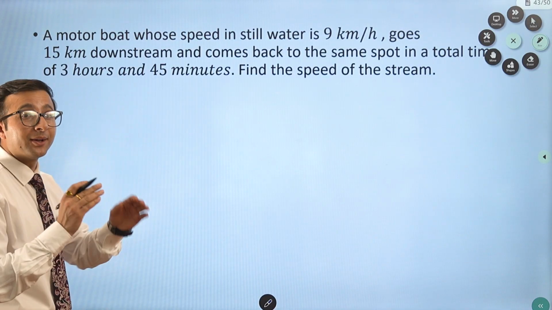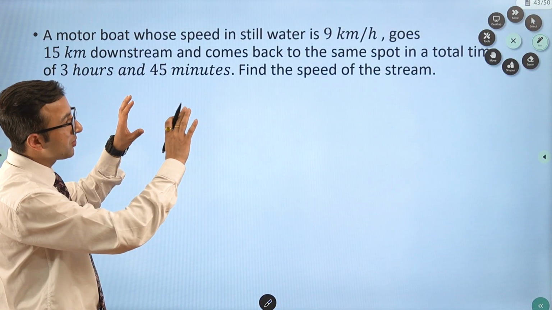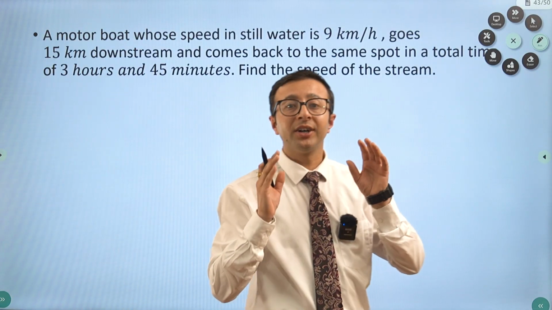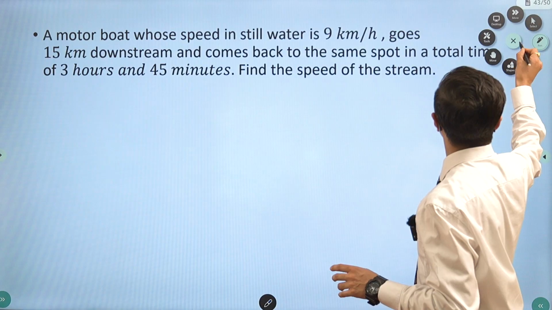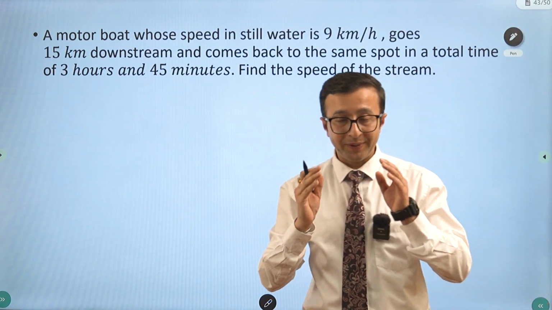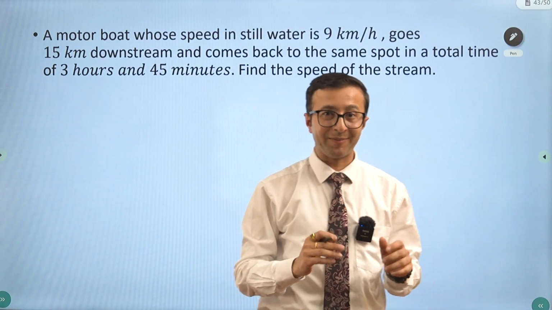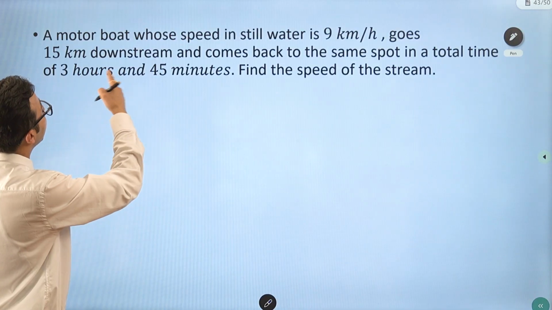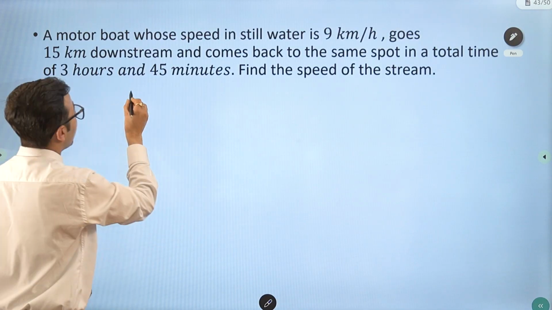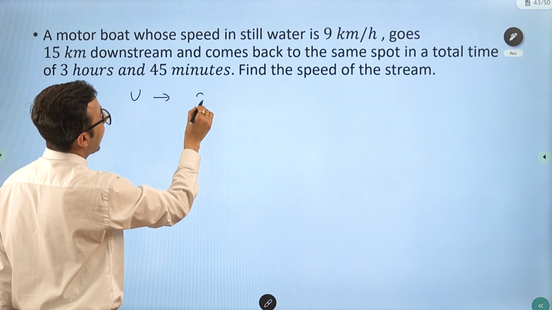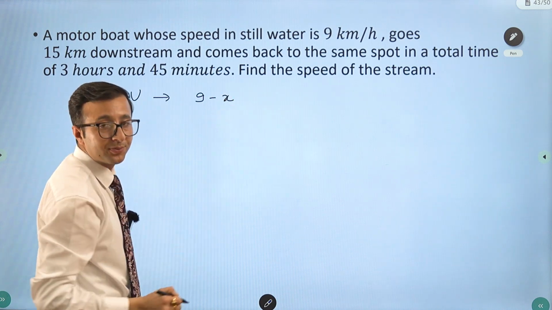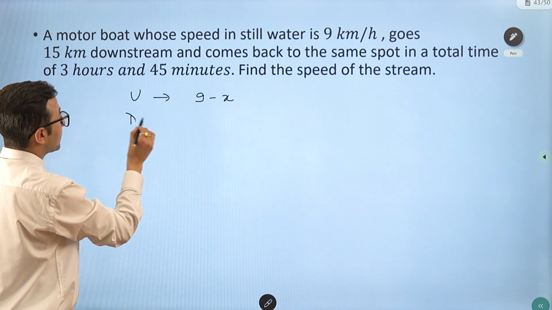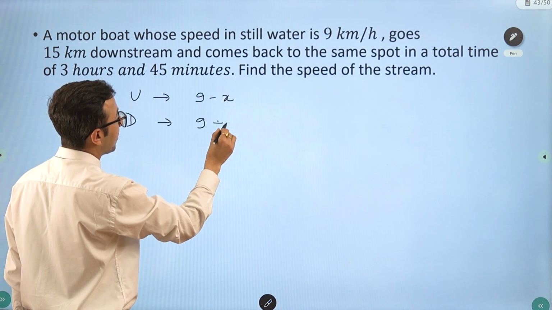Look here. Such types of speed problems, it is better to use the concept of speed and the concept of time, and you know that speed is inversely proportional to time. So what we'll be using here, again upstream and downstream. For upstream, speed will be 9 minus x, and x is the speed of the stream, and for downstream speed will be 9 plus x.